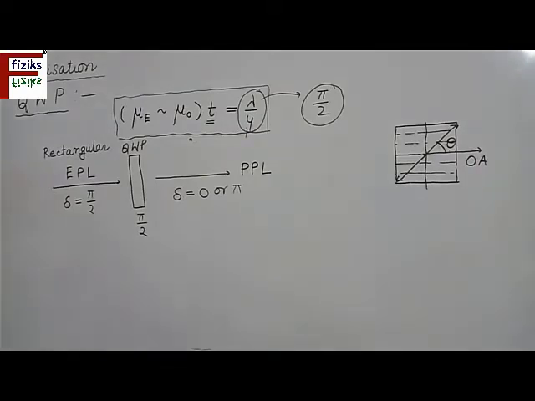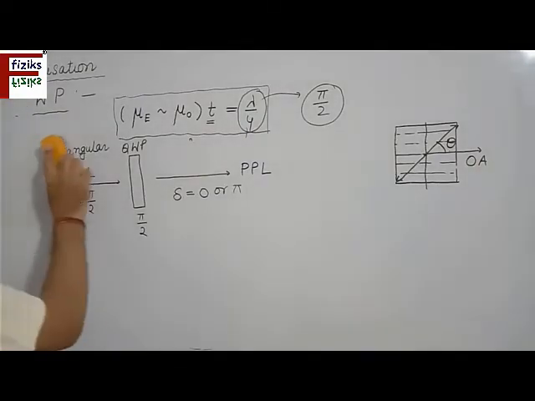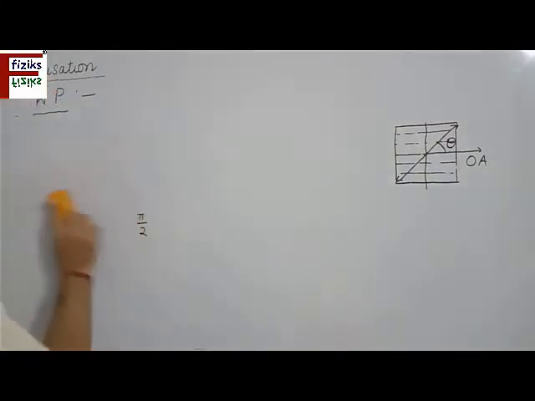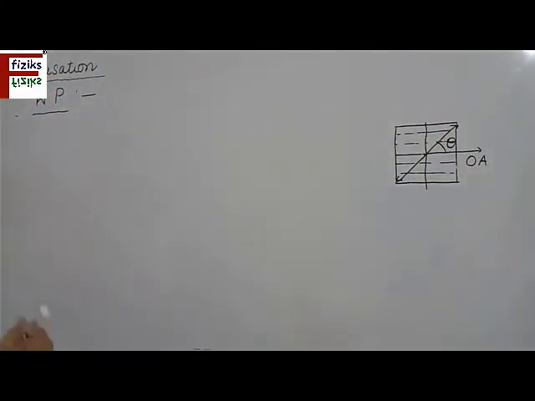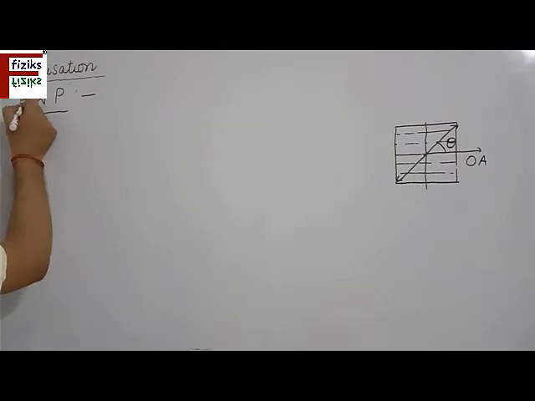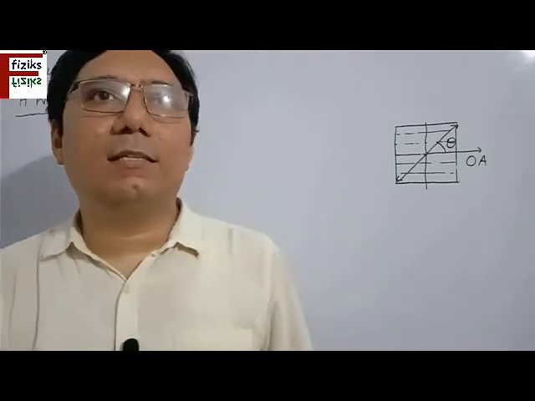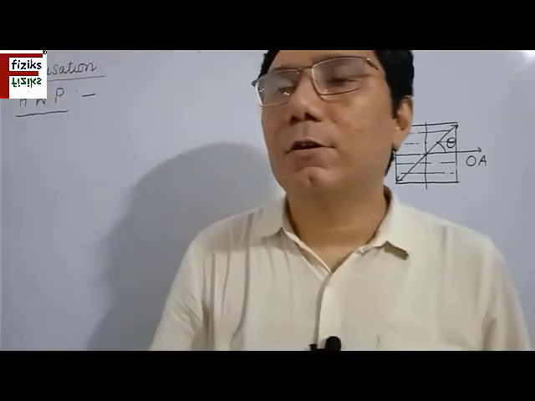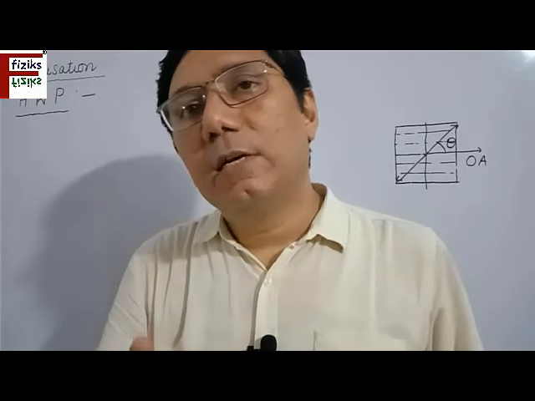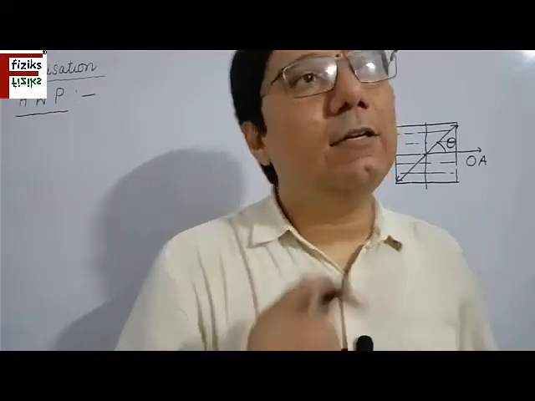Now come to the half wave plate. A half wave plate is a retarding plate which introduces a path difference of lambda by 2 between the E ray and O ray.